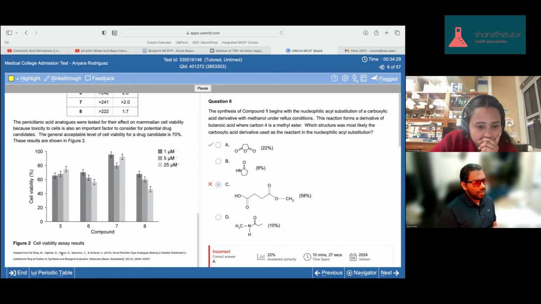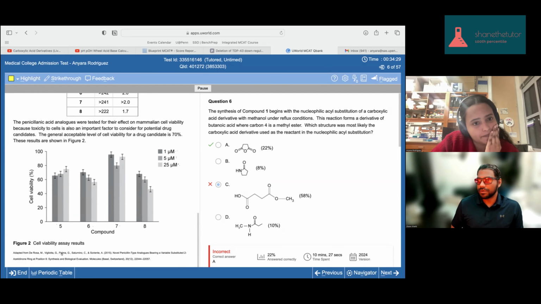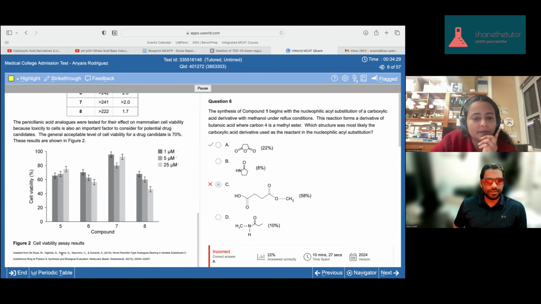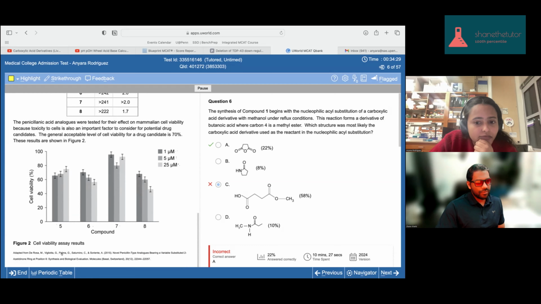produces more cell viability. And then I would go through each of them and compare the concentration. So for 5, it seems like as the concentrations increase, cell viability increases.